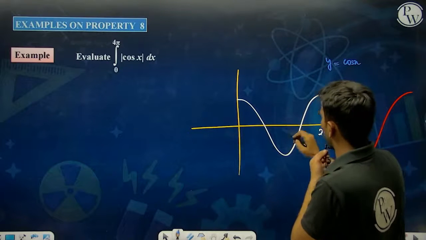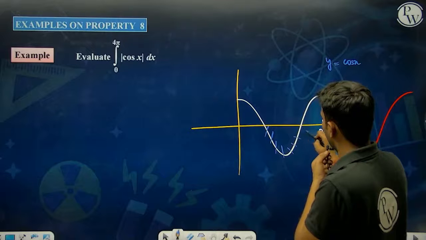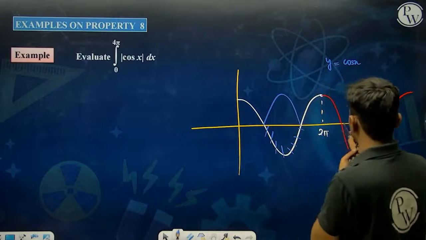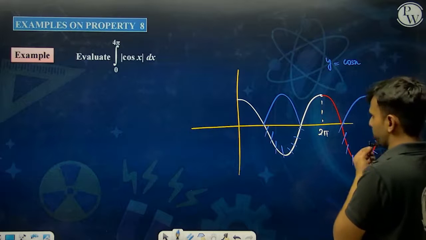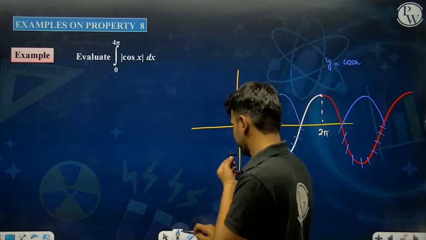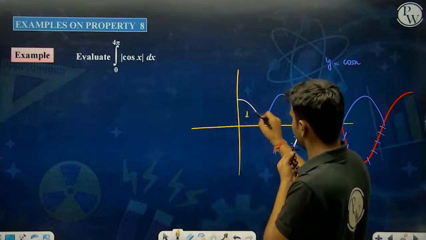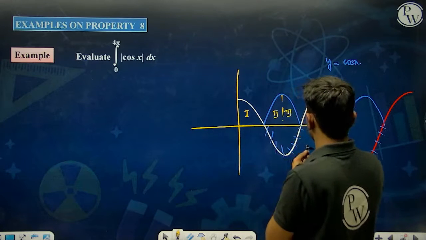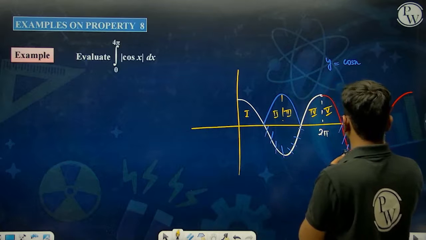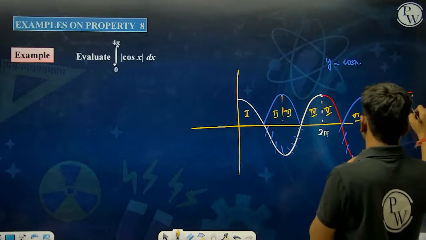Now if you see the modulus of this, then this is removed and this will come over here like this, this will be removed and this will come over here like this, and so on. So you guys can see that this is the first region, this is second, third, fourth, fifth, sixth, seventh, eighth.